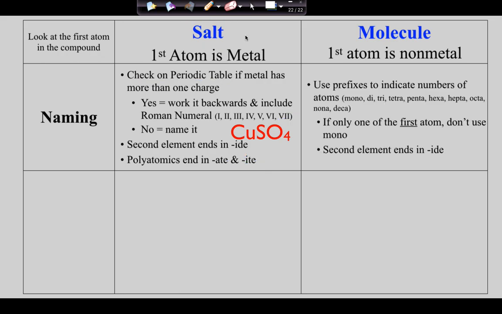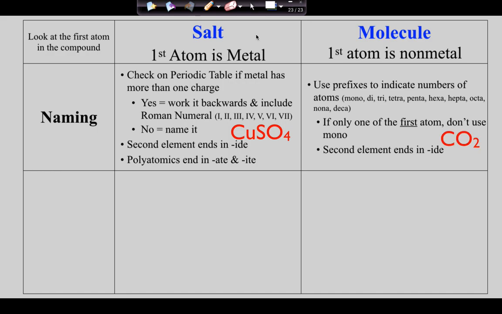Now, what if the first element, the first thing, is a nonmetal? Well, if the first thing is a nonmetal, then we know that we've got a molecule. At this point, we use the prefixes to indicate how many of each we have. If we only have one of the first atom, we do not use mono, and the second one ends in IDE.